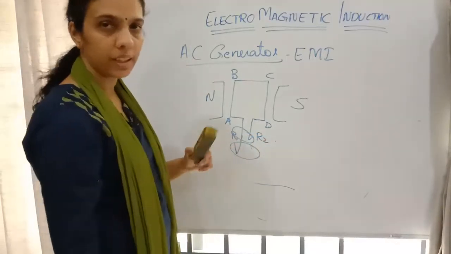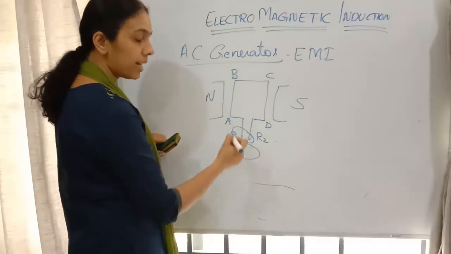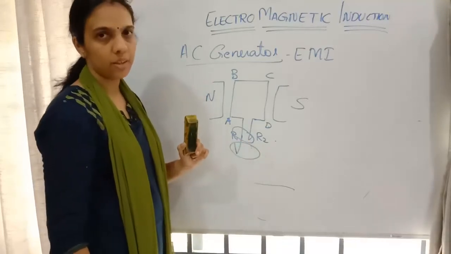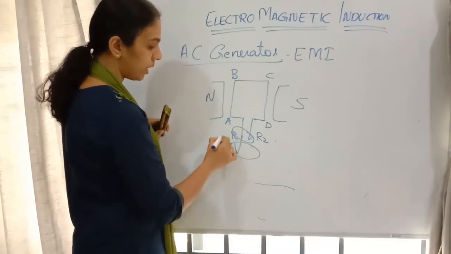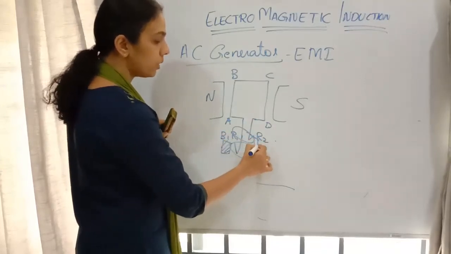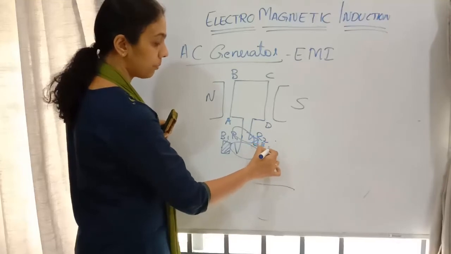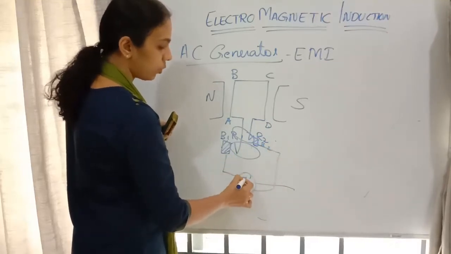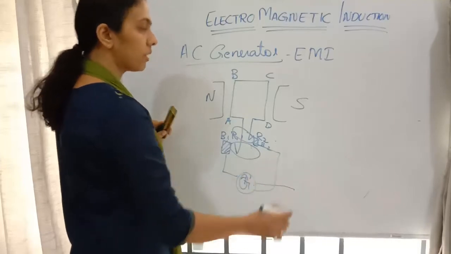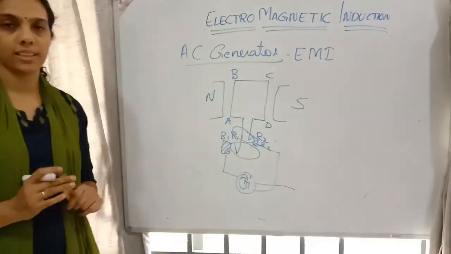They are called slip rings, full rings. R1 is connected with the brush B1. R2 is connected with the brush B2. These two are connected with a galvanometer. This is the experimental setup.